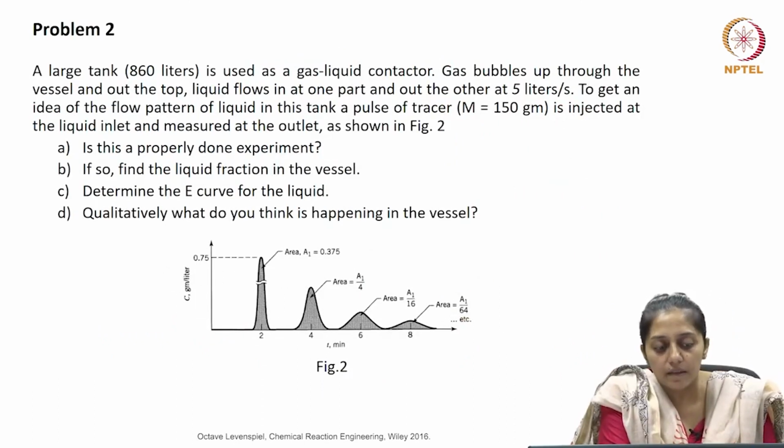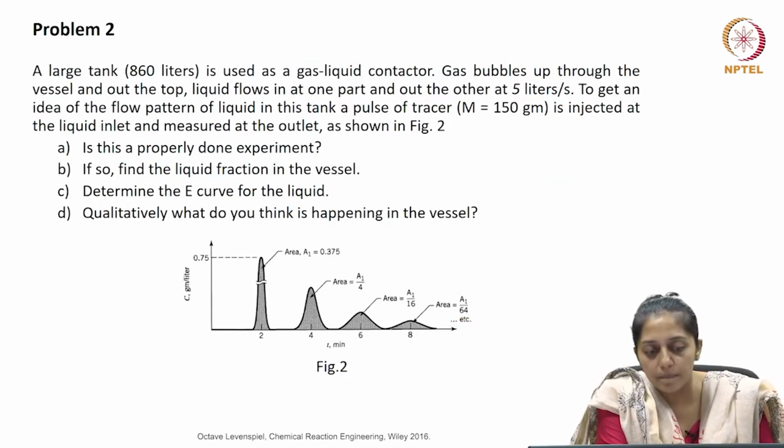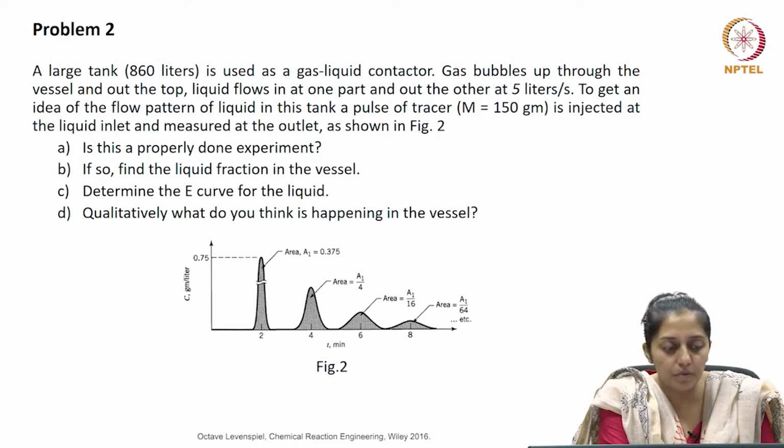A large tank, 860 liters, is used as a gas liquid contactor. Gas bubbles rise up through the vessel and move out from the top. The liquid flows in at one part and leaves from the other at a flow rate of 5 liters per second.